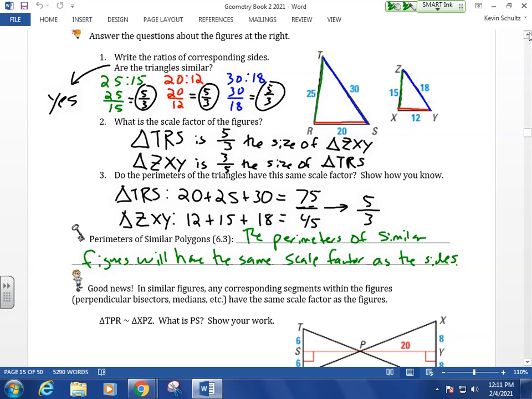So similar figures with proportional sides will also have proportional perimeters with the same scale factor.